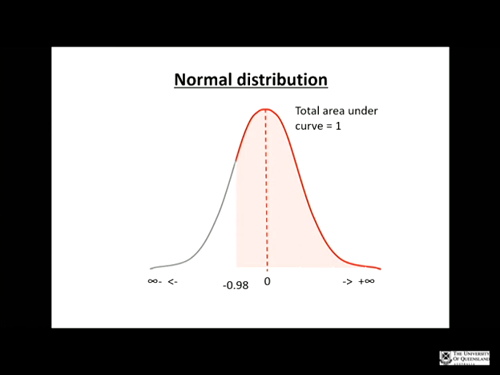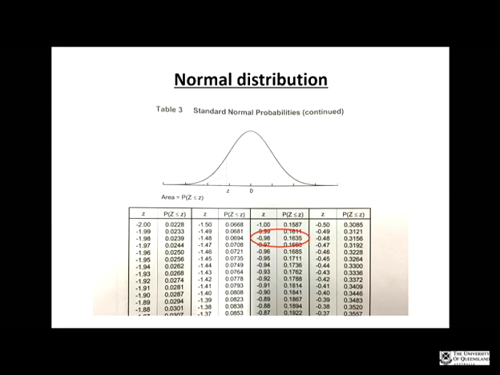Let's show you. Just say that X that we had before is negative 0.98. Now this is standardised, which SPSS will do for us. But if you had to read it off a table, you'd go through, there's negative 0.98, and the probability of getting that Z score is 0.1635, okay?